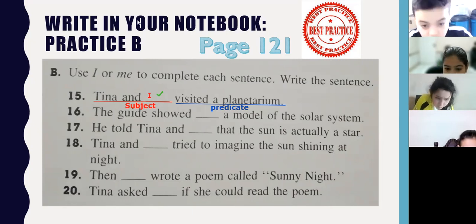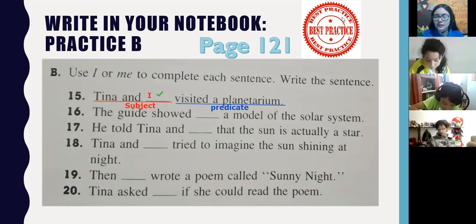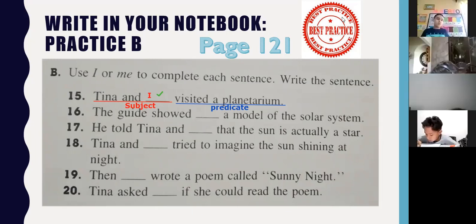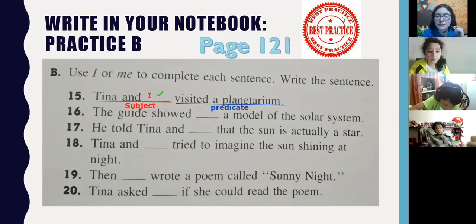Me. I think it is me. Okay, who else was saying me? I heard somebody else saying me. Who was saying me? Danny? Okay, thank you, Rebecca. Danny, why do you think that it's me, the answer in number 2? The guide showed me.